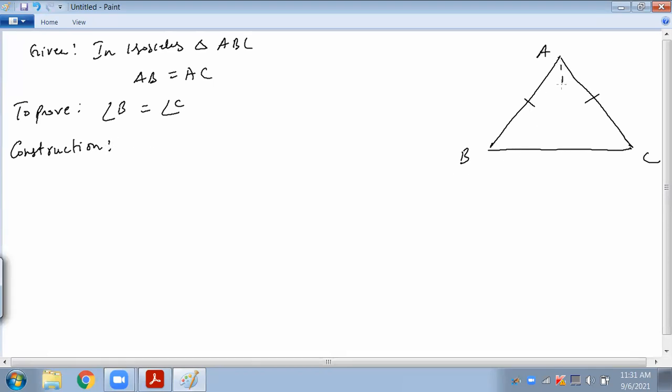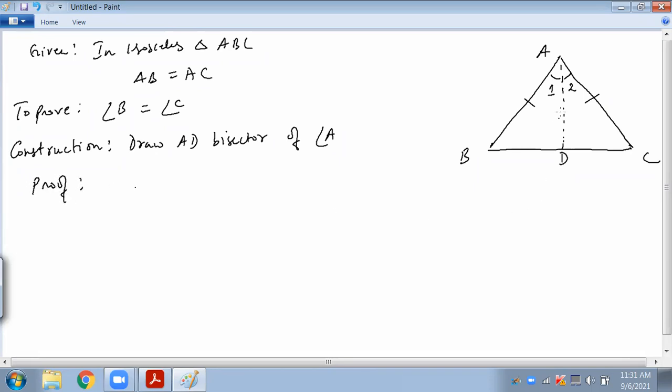We are going to draw AD, the bisector of angle A. That means AD will divide angle A into two parts. Mark this one 1, mark this one 2. So the construction is: draw AD bisector of angle A. Sometimes we need a construction, and if you draw some construction, you have to write it. Construction is we have drawn AD bisector of angle A, then the proof.